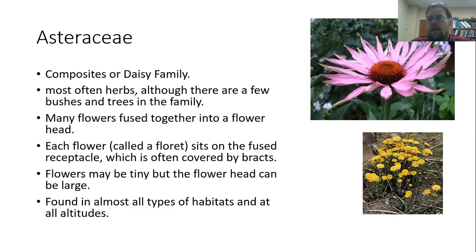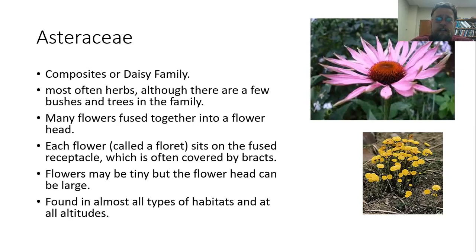The flowers themselves can be very, very small, but the flower head itself could be very large indeed. Sunflower would be a famous example of this. Each of those flowers sits on a fused receptacle at the base of that flower. All of that is covered over by bracts, and that really is the core characteristic of this group of plants.